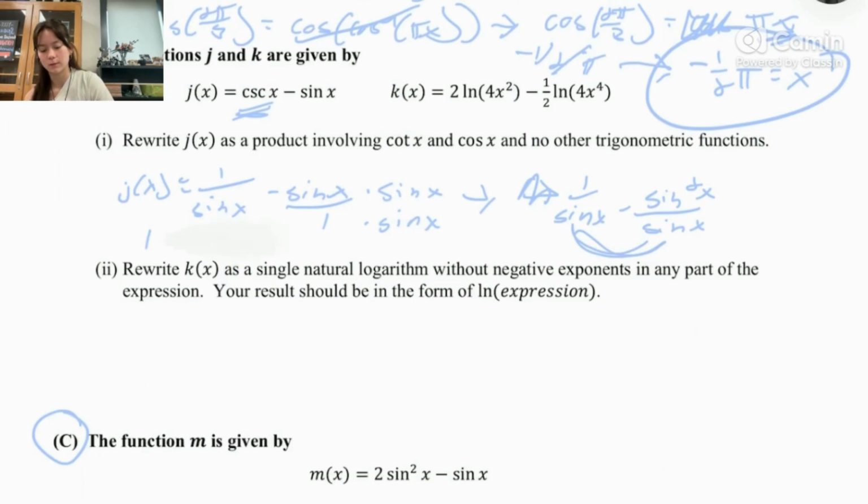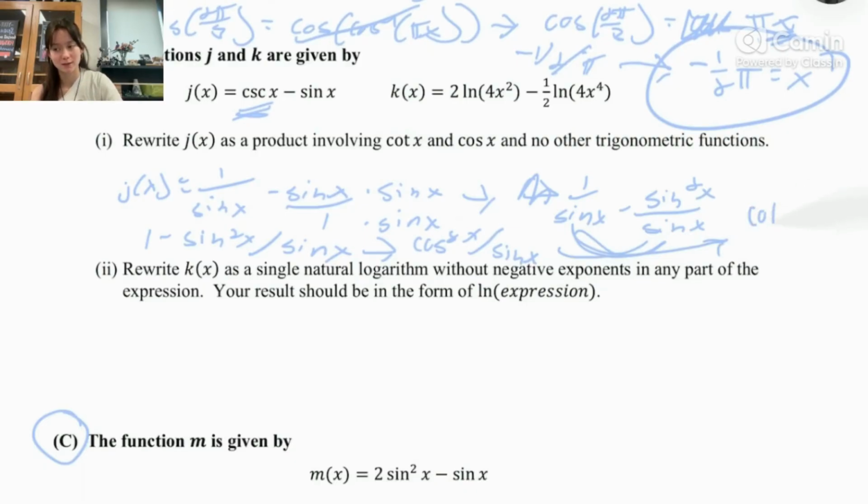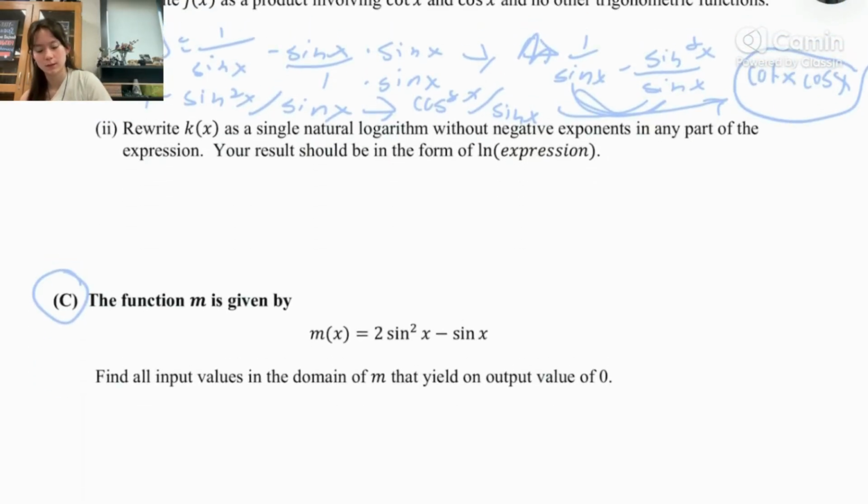And from there you can do 1 minus sine squared of x over sine of x, which, 1 minus sine squared of x is the same thing as cosine squared of x over sine of x, and cosine squared of x is the same thing as cosine times cosine, so you can simplify that to cotangent of x and cosine x. Boom. There you go.